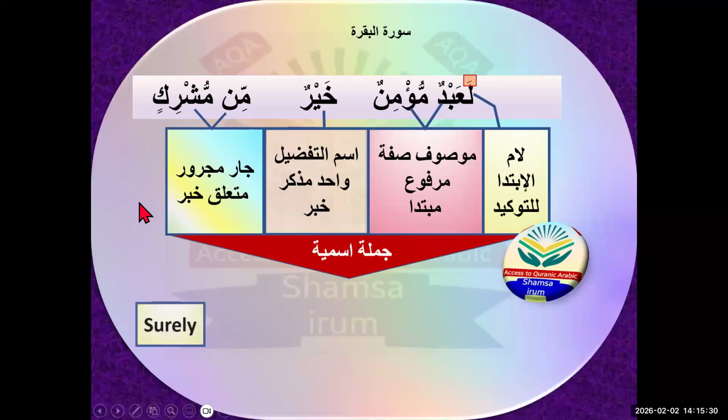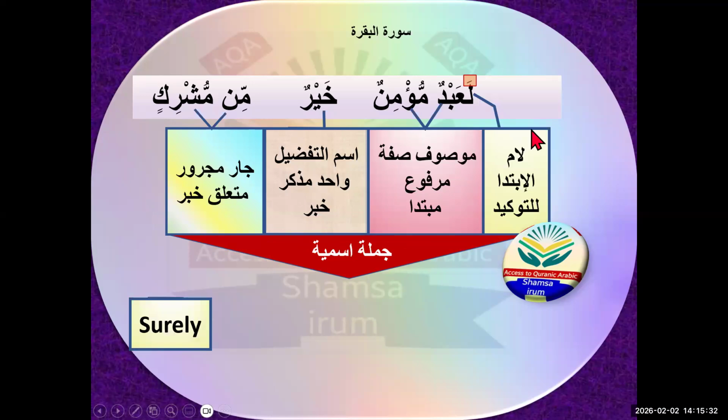Translation is: surely, because lam tauqeed performs the work of emphasis. So we can use the words surely, certainly, verily, no doubt, without doubt, these types of words. Anytime you can use any word from these. At the moment I'm using surely.